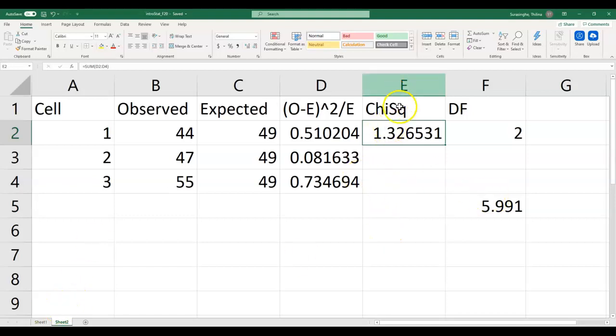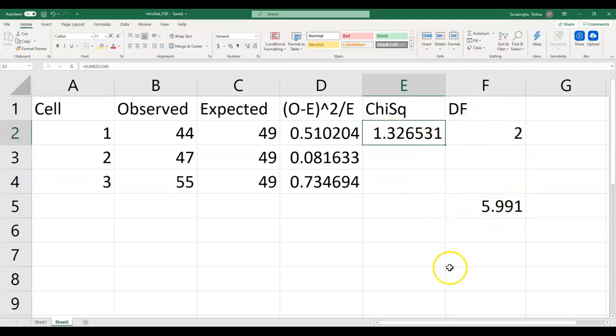Compare these two numbers, calculated and tabulated. Which one is greater? Is your calculated chi-square greater than your tabulated chi-square, or is your calculated chi-square smaller than tabulated chi-square? It seems like the tabulated chi-square is greater than the calculated chi-square.